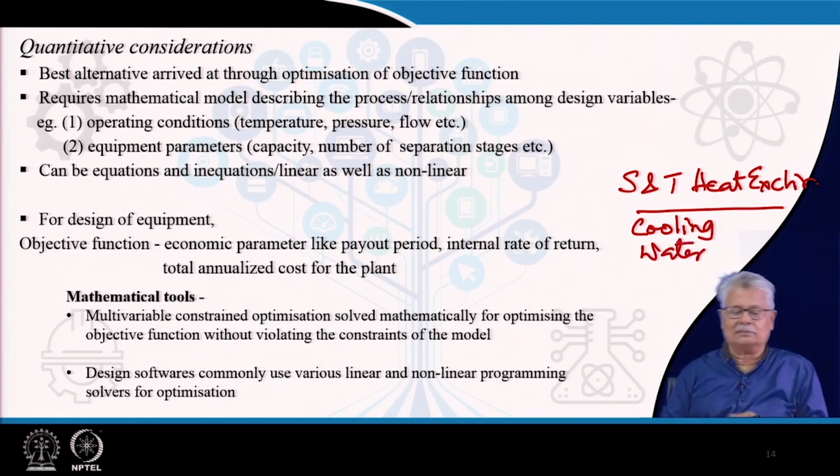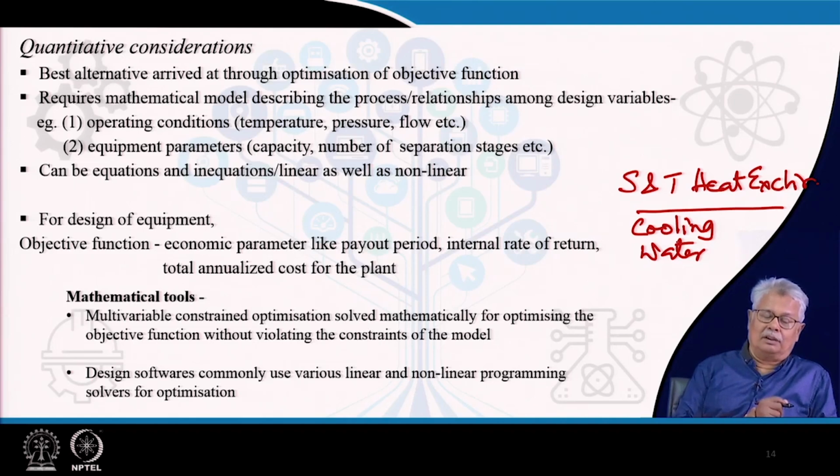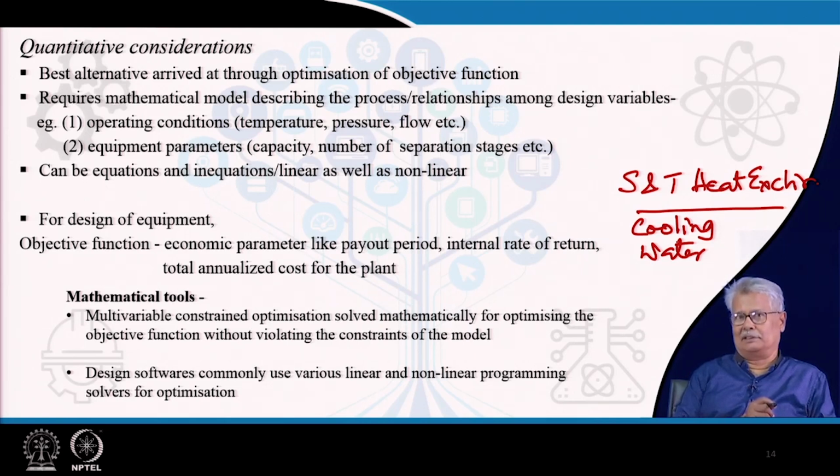Now the question is, how do we decide which is the best shell and tube exchanger design for this particular purpose? The selection of the shell and tube exchanger basically came from heuristics. But now, in order to establish the basic optimum design of this specific type of heat exchanger, we need to have the optimization.